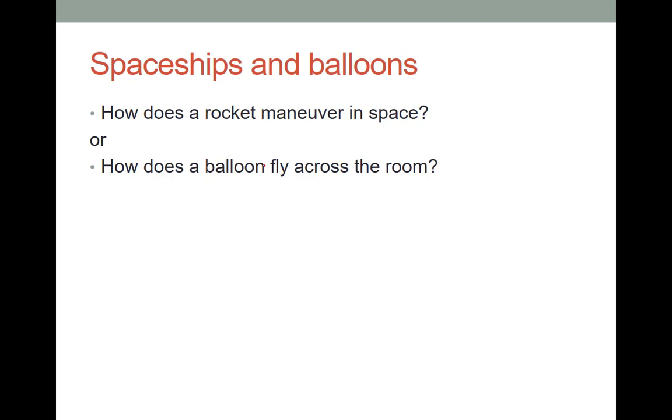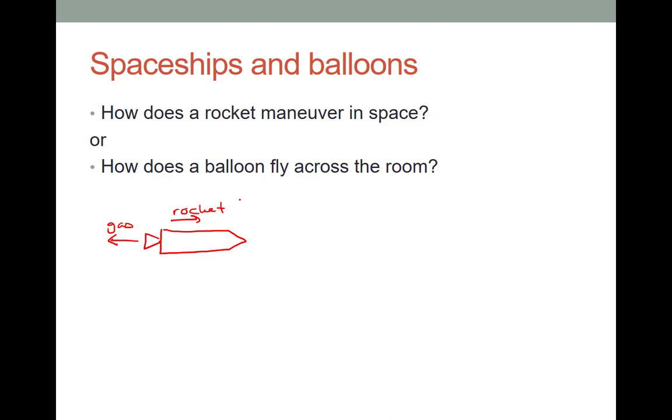This concept of conservation of momentum is what allows a rocket to work, or what allows a balloon to fly across the room. If we think about a rocket or a balloon, what do we have? I'm going to draw my rocket here. There you go. It exhausts a gas. So we have the gas going one way, which causes the rocket to go another.